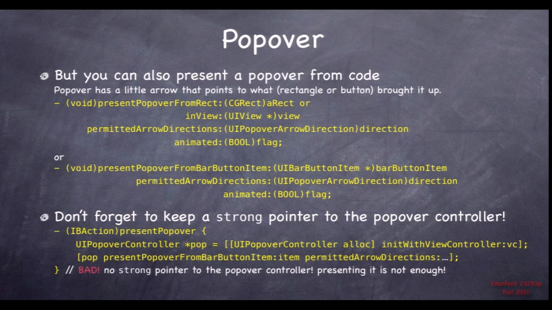When that went out of scope at the end of this method, nobody had a strong pointer to the UIPopoverController. So you almost always create a property in your object when it puts up a popover controller, a strong property, @property nonatomic strong UIPopoverController star myPopover, or whatever. Does that make sense? Okay.